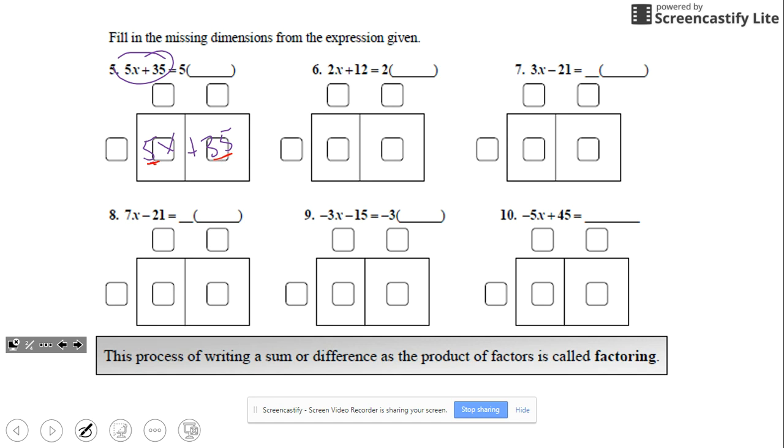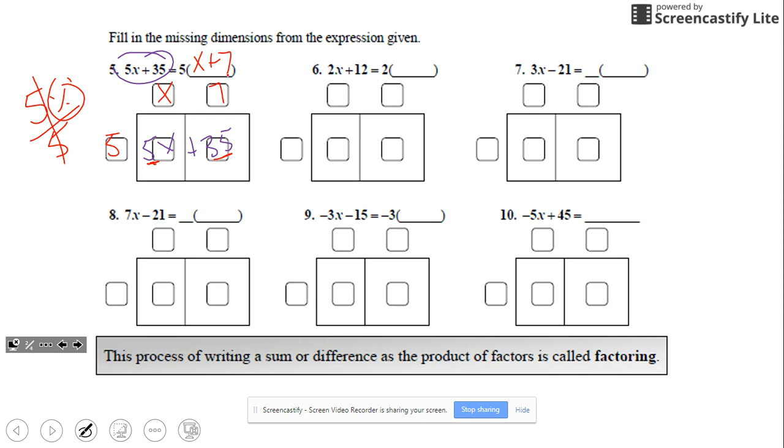Well, I always start with here. Can I divide it by 5? Absolutely. So 5x divided by 5, that's just x. That would be like if you had 5x divided by 5, those go away. You're just left with x. Then 35 divided by 5, that's 7. So here, 5 and then x plus 7.